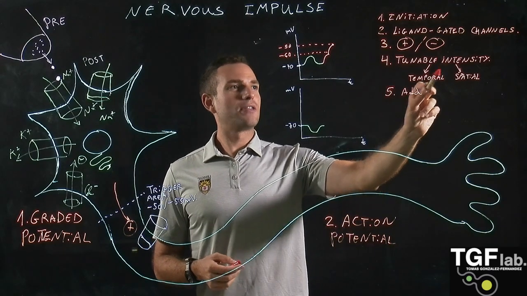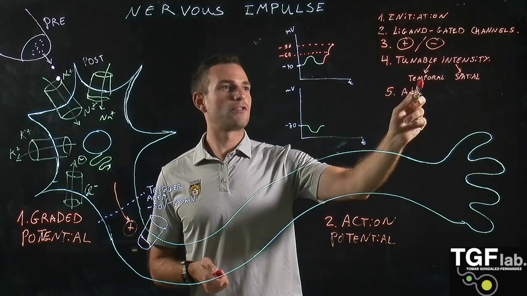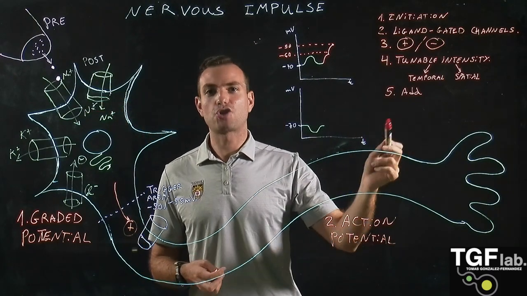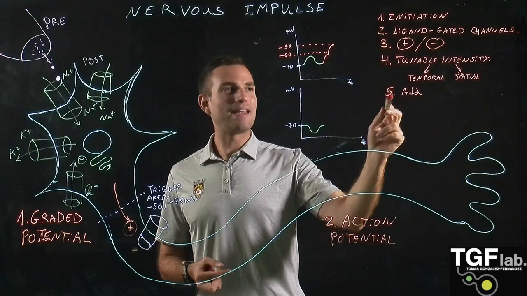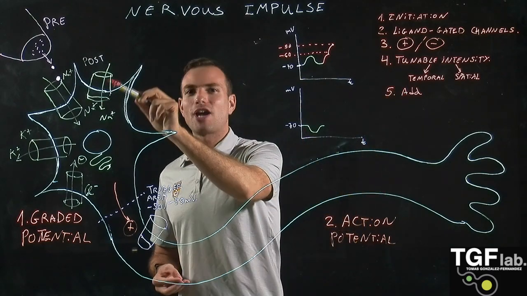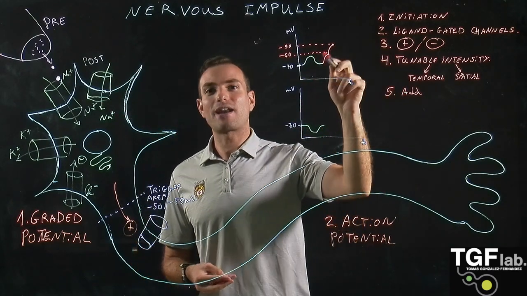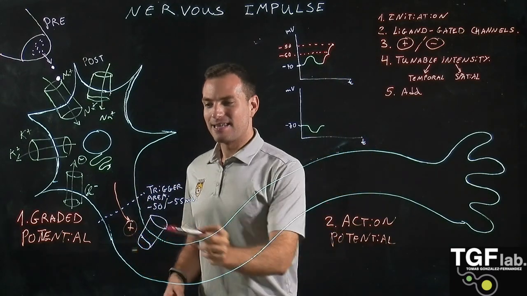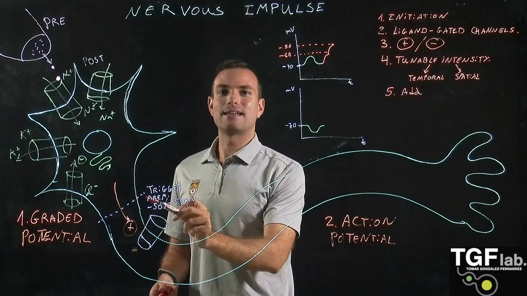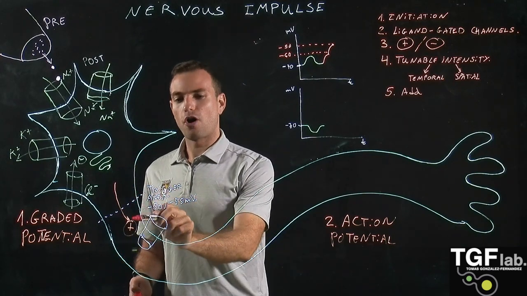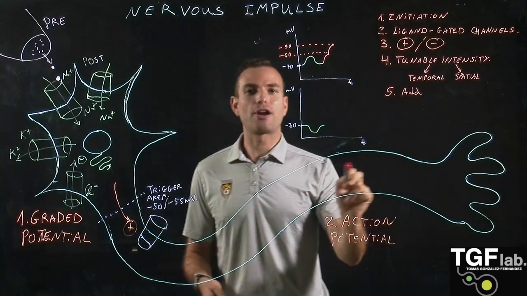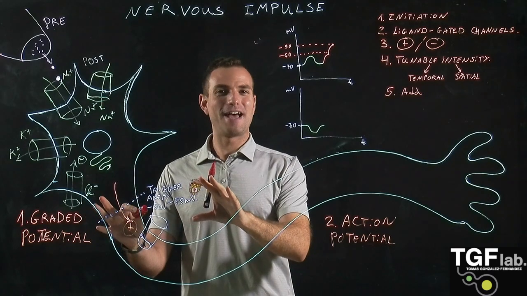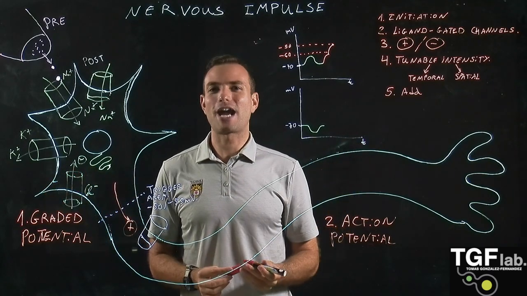The intensity can be tuned through the repeated activation of the channels or through the activation of more channels. And finally, these graded potentials can be added to each other in order to have a summatory effect that gives us the needed voltage to come to the trigger area and start the action potential. Now give me some time to get rid of some of the drawings, and we'll go into the action potential section.